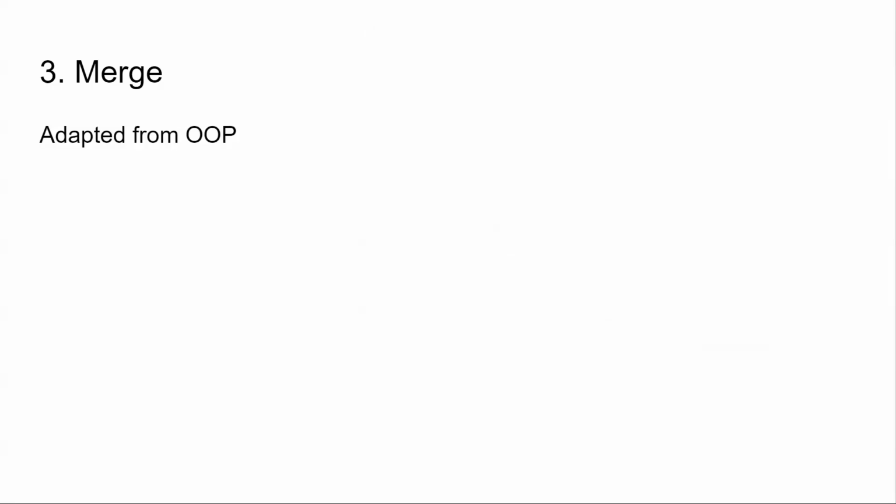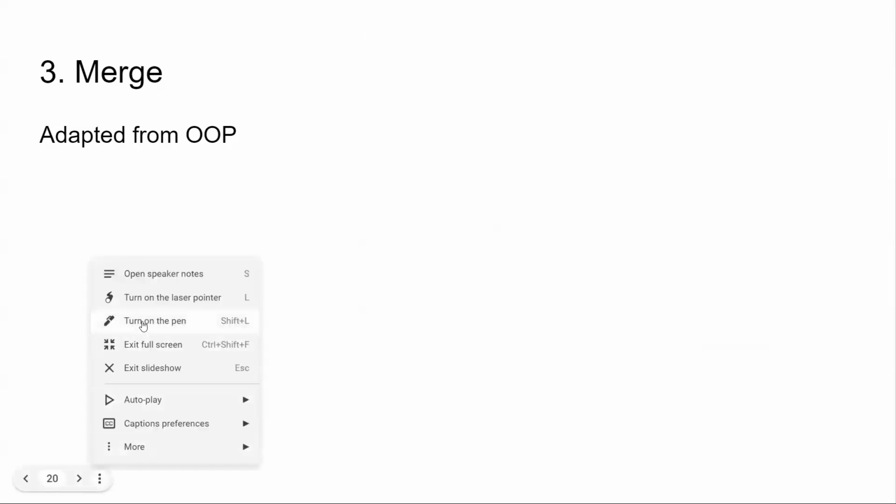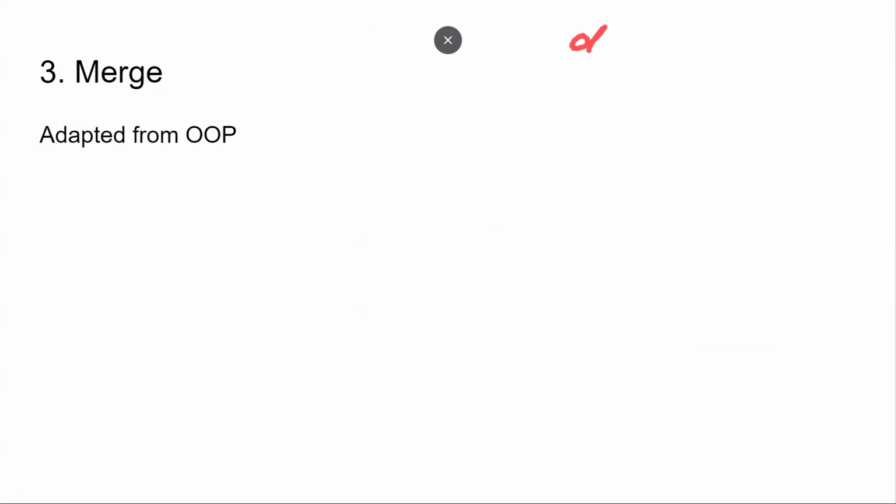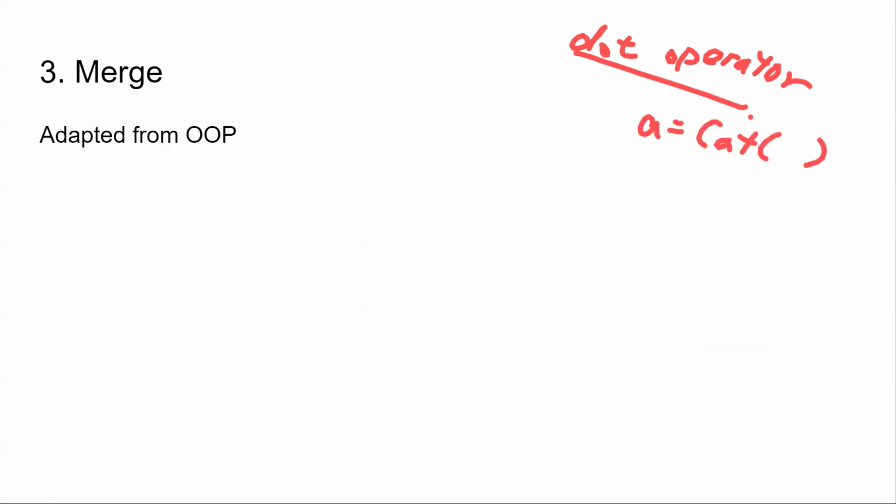This is updated from OOP. When you remember Python OOP, you are having the dot operator. So for the dot operator, suppose I create a class called A. Let's say age is 1.